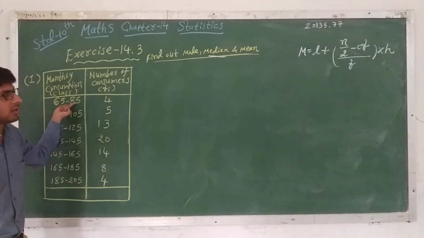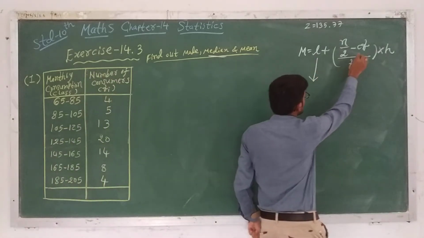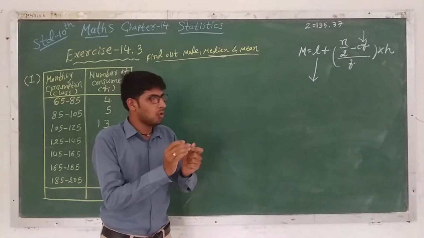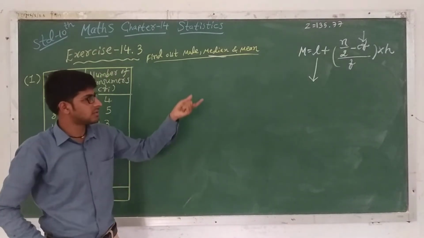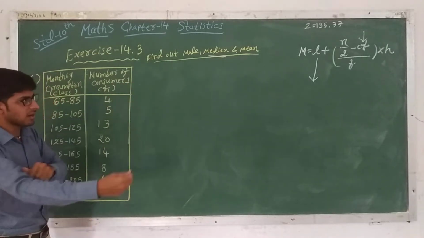H is equal to 20. So we have to find out L and CF. L is the lower limit of the median class, and CF is the cumulative frequency of the class preceding the median class.